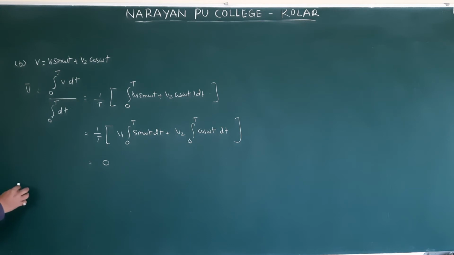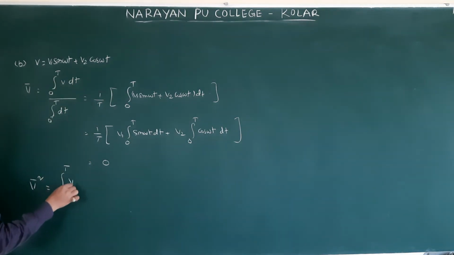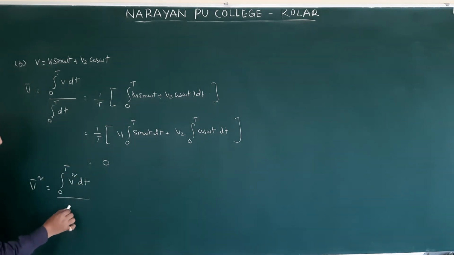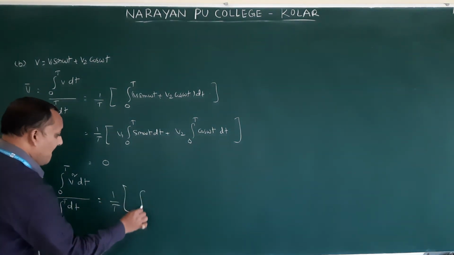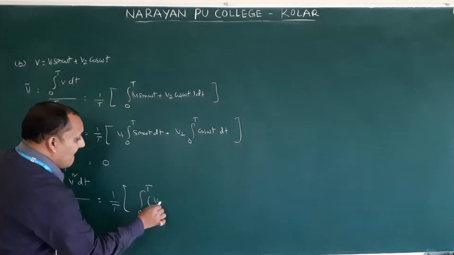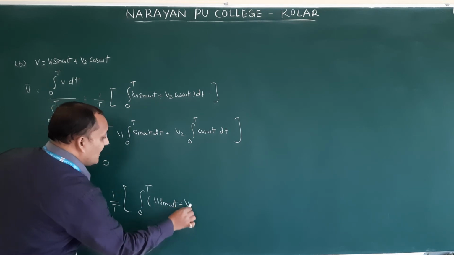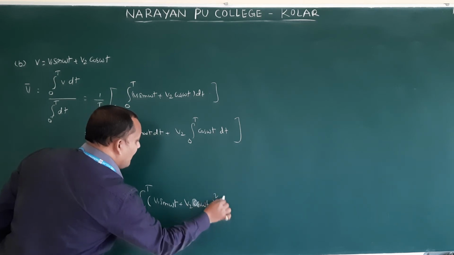Next one, mean square value. Mean square means we have to find V bar square. V bar square is just the square here: integral 0 to t of V square dt divided by integral 0 to t dt, whose value is t. Integral 0 to t of V square, where V is V1 sin omega t plus V2 cos omega t whole square.